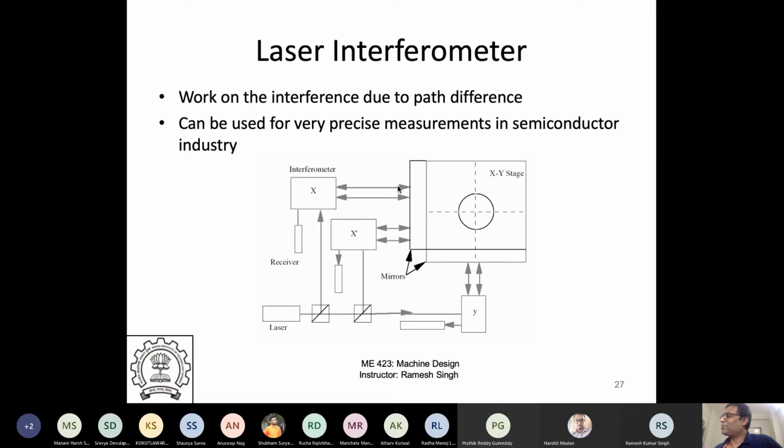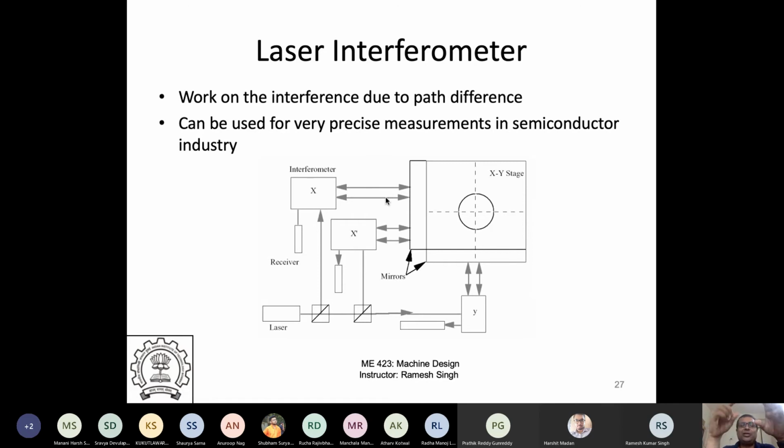Okay. 2n plus 1 lambda by 2. Yeah. So you need odd multiples of lambda by 2. This is what you need. Lambda by 2, 3 lambda by 2, 5 lambda by 2. Very good. Okay. So basically this works on the path difference.